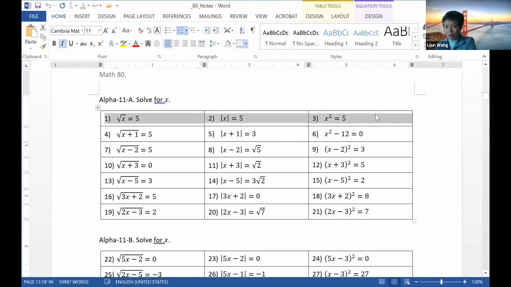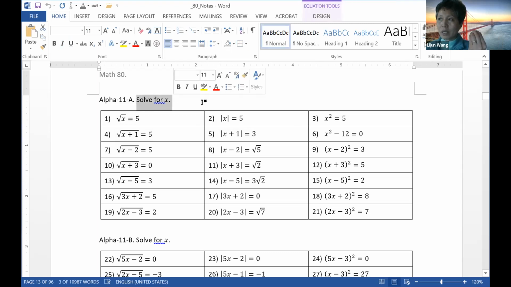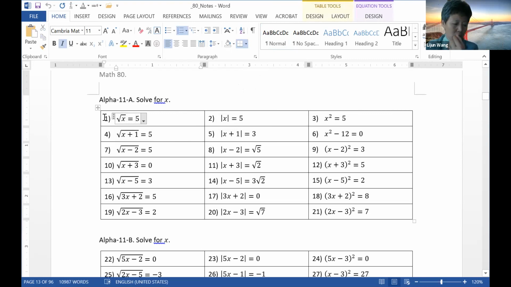The first row, I refer to the three types of equations. They're all if statements for sure. But they all refer to alpha 7, alpha 8, alpha 9. Do you guys follow me?